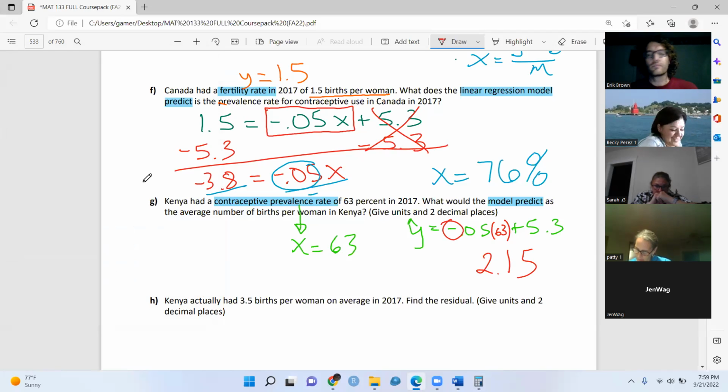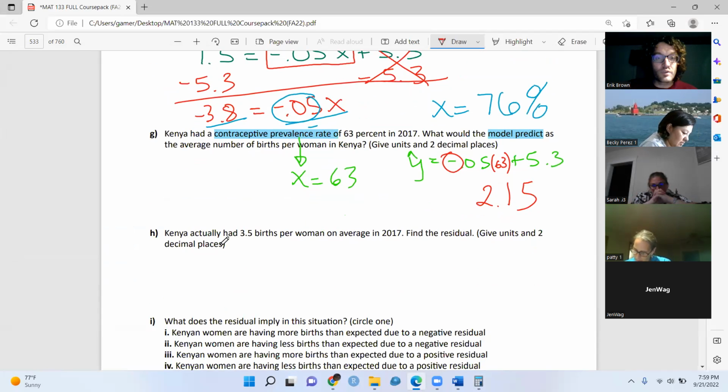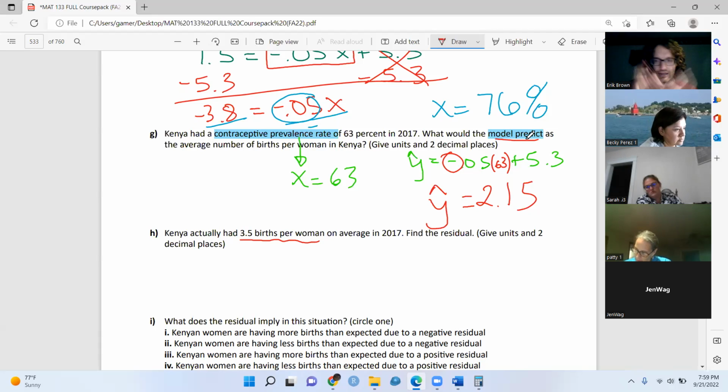2.15. Got it. Nice. Okay, so then we're told Kenya actually had 3.5 births per woman. So this is a Y hat value. The reason we put the hat on there is so you recognize it was a predicted value using a model that we drew from all of the data values, that linear correlation thing we did.